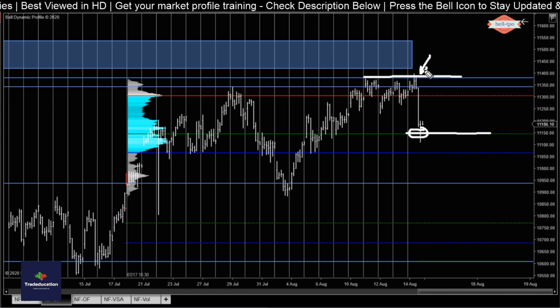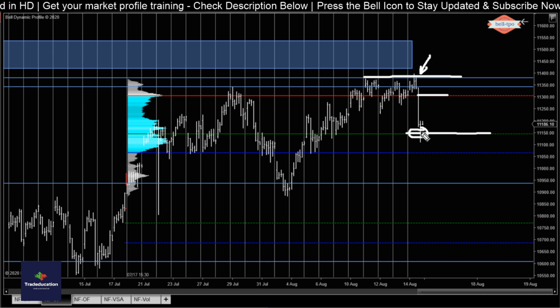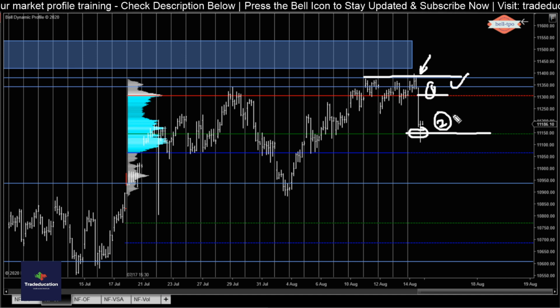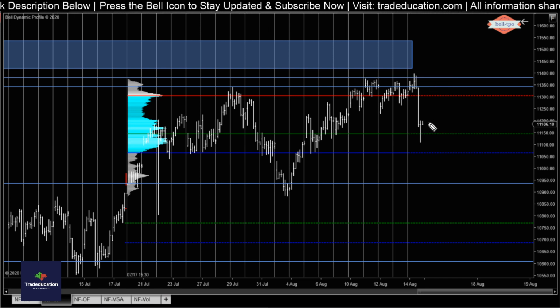So this is a good opportunity to take a short position with the first target of the value area high and the second target of the VPOC. Both targets were achieved from the positional trade. I didn't know that it would happen in intraday, but those who booked profit might have made your monthly profit in just one day, or one trade was good enough.